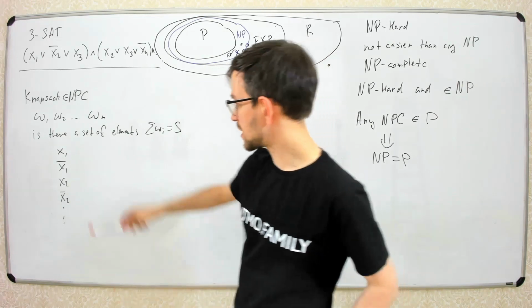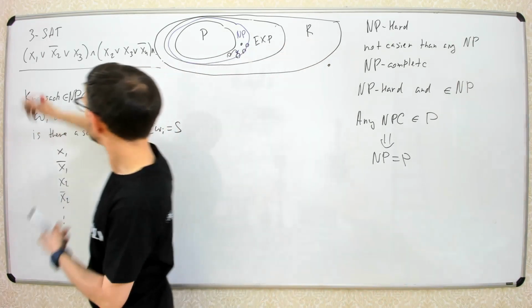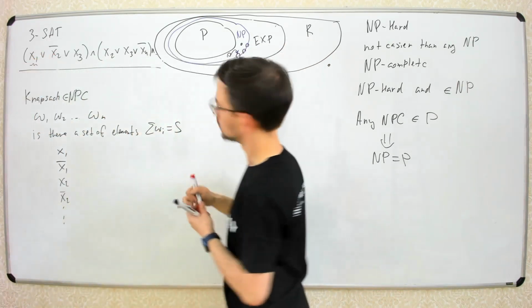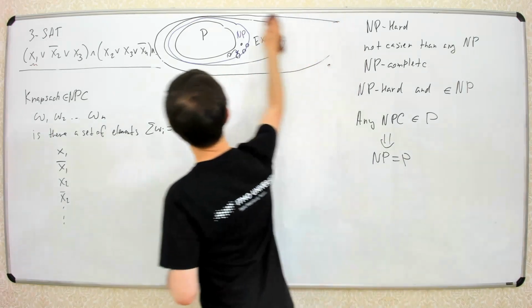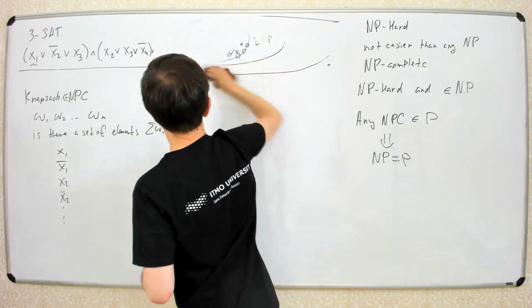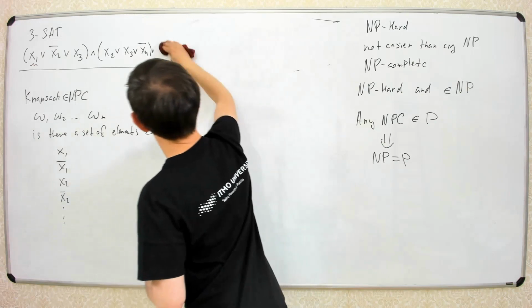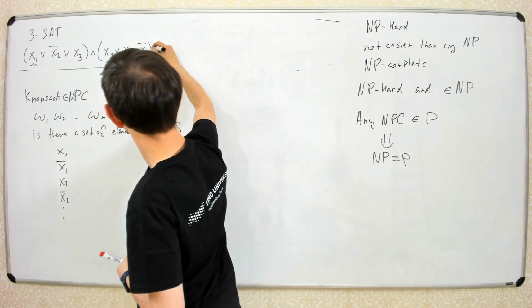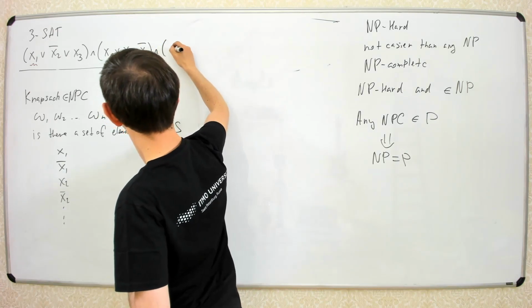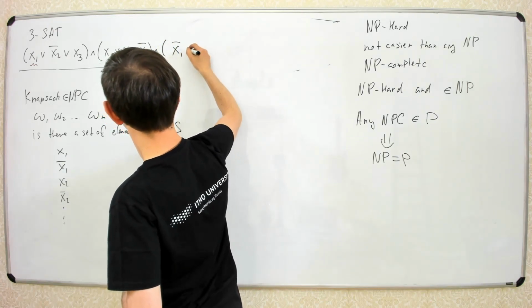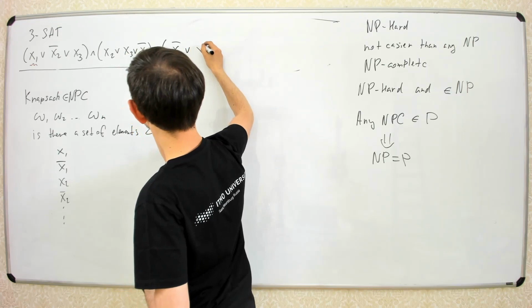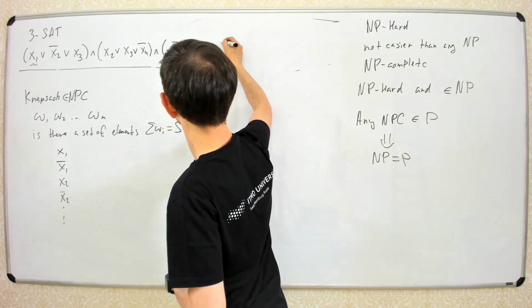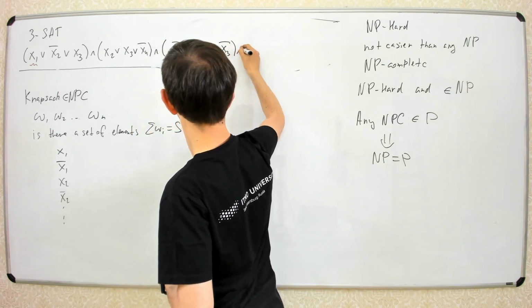So for example, this x1 appears in this first clause. Let's have one more clause. Let's say not x1 or x2 or not x3, something like this.